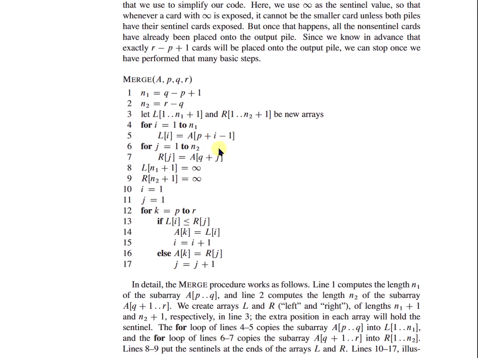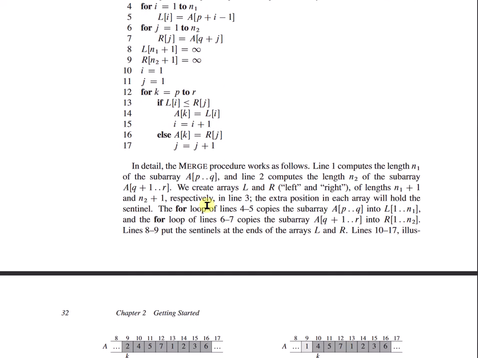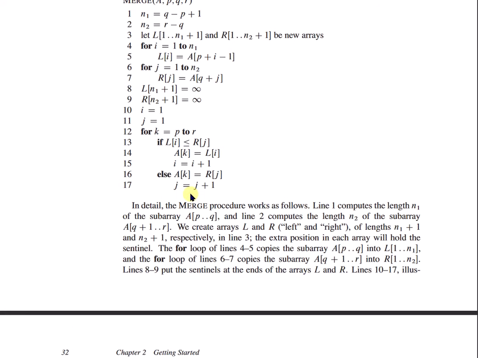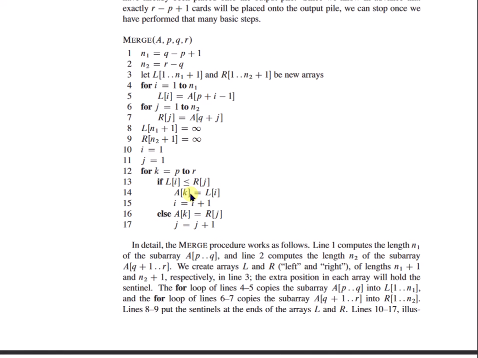Okay, let's see. In detail, the merge procedure works as follows. Line 1 computes the length n1 of the subarray A[p to q], and line 2 computes the length n2 of the subarray A[q plus 1 to r]. We create arrays L and R, left and right, of lengths n1 plus 1 and n2 plus 1 respectively in line 3.